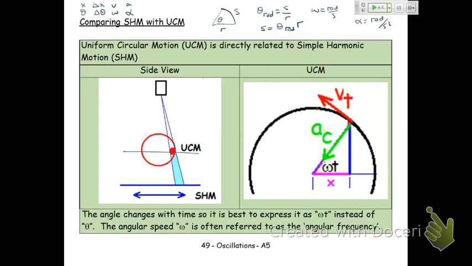And how do I convert between one and the other? Let's have a look. I can say x is equal to theta r. I can say that v is equal to omega r. I can say that a is equal to alpha r in my conversions. We did that in physics 1.